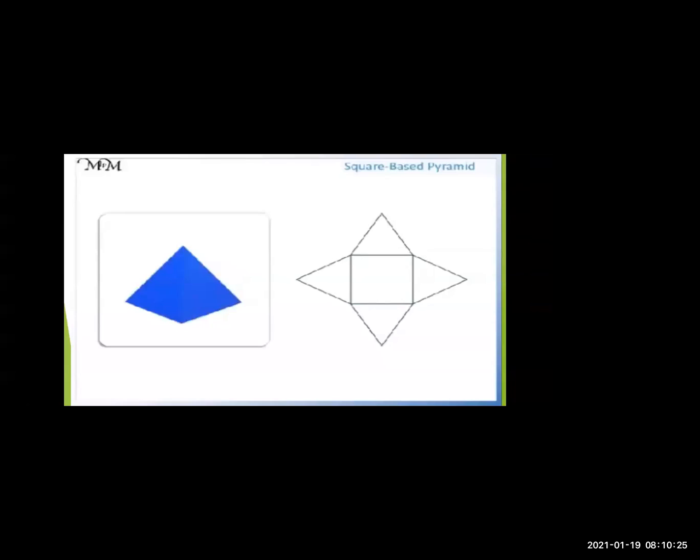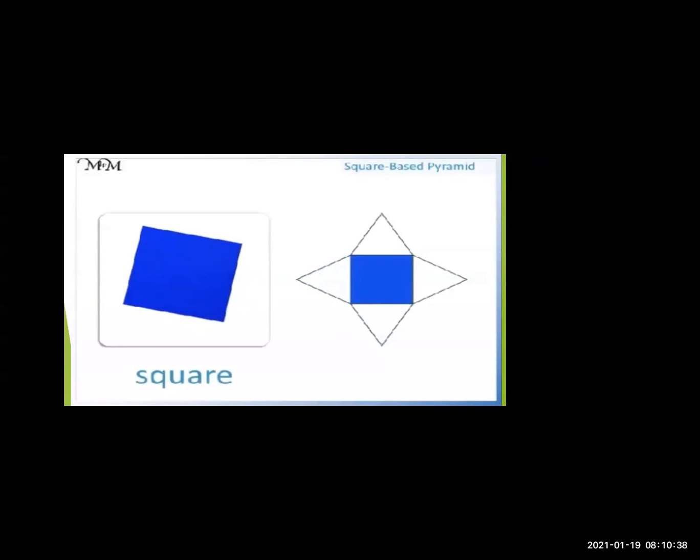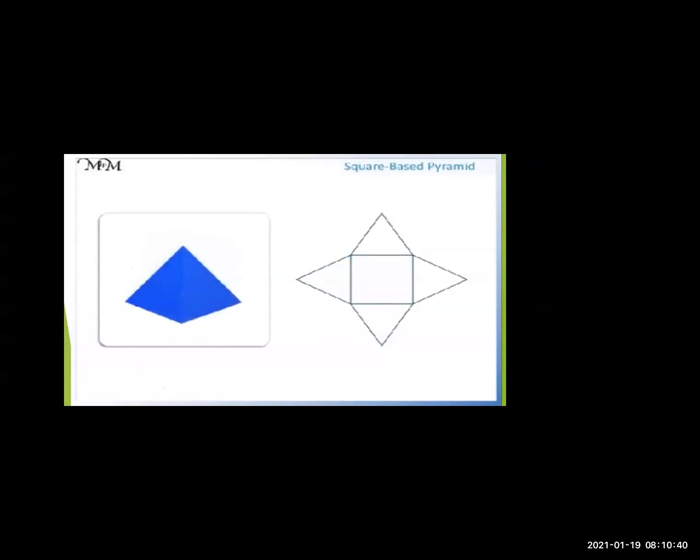Here the base is a square and the coverings are triangles, so the name is square based pyramid, that is, quadrangular pyramid, because it has 4 sides in the base.